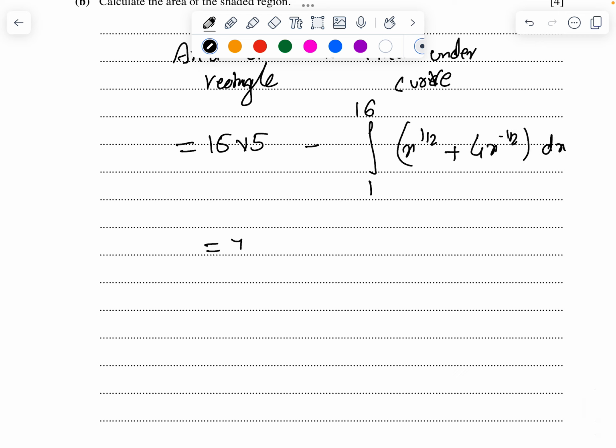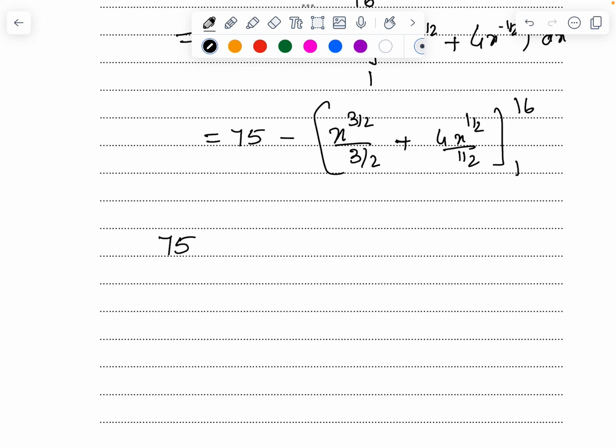So which is going to be 75 minus x to the power 3 by 2 divided by 3 by 2, then again plus 4x to the power of half divided by half, with the limits 1 to 16.